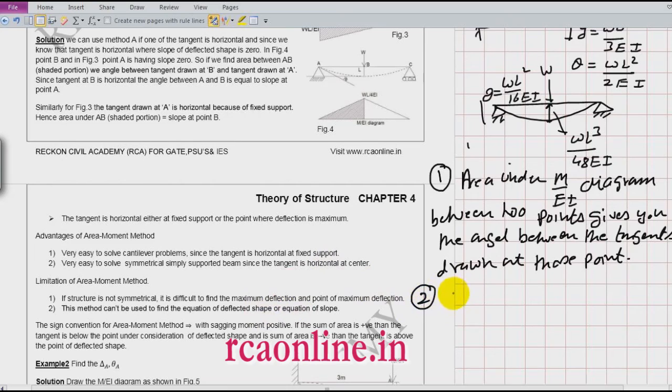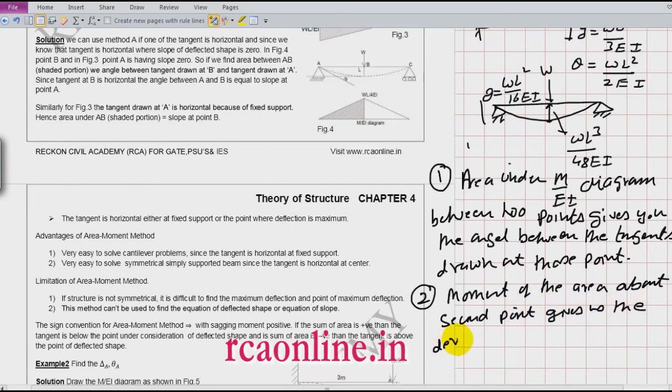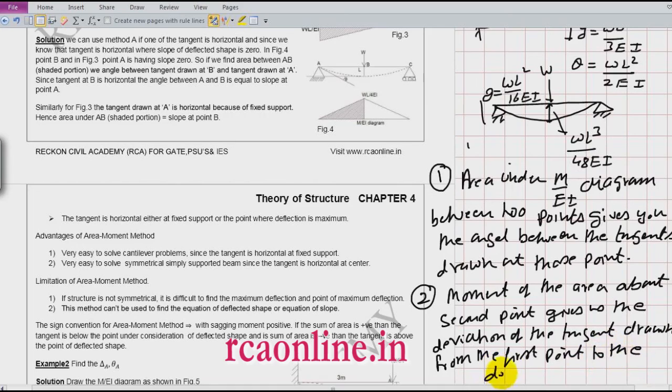And what is the second theorem? The second theorem is the moment of the area about the second point gives you the deviation of the tangent drawn from the first point to the deflected shape.